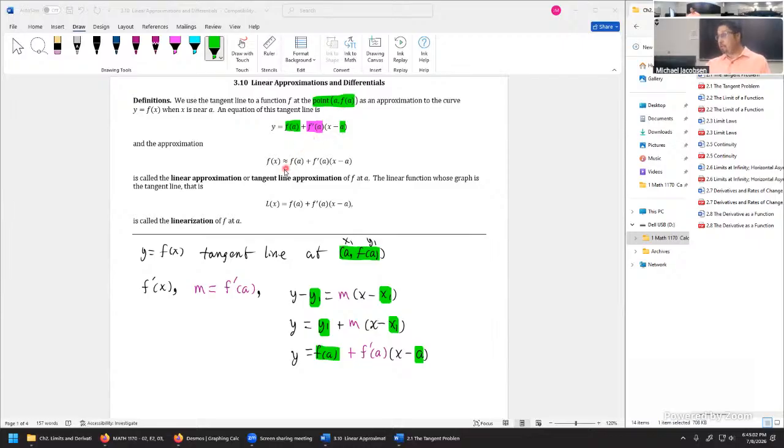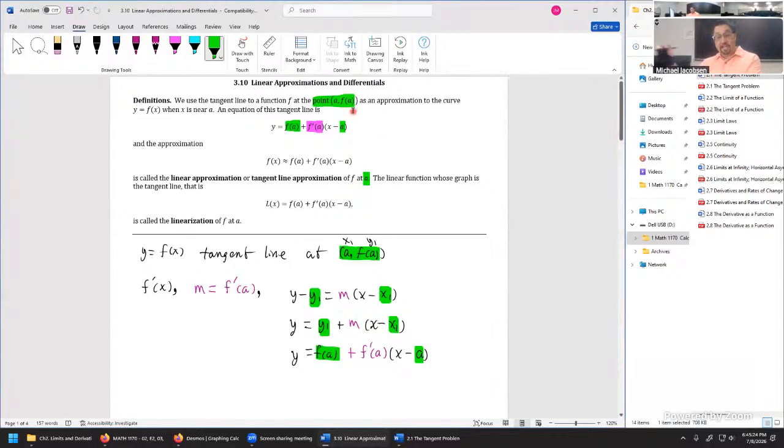So we saw how this approximation just comes to life graphically. The function f of x is approximately equal to this stuff, f of a plus the derivative of f at a times x minus a. We call that the tangent line approximation or the linear approximation of the underlying function f at that base point a.